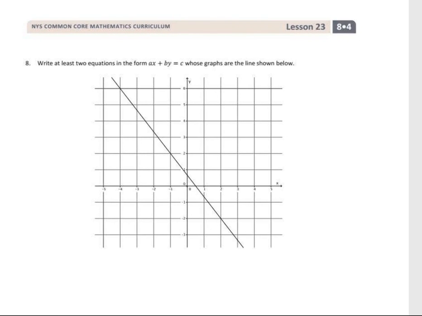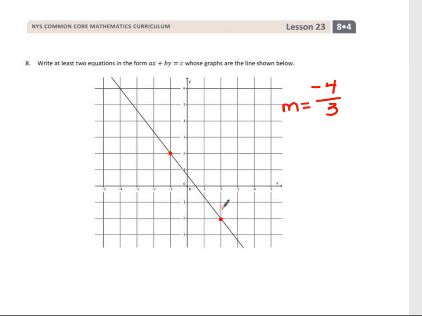And number 8. Number 8 is going to be the same thing. We're going to have to find our y-intercept. So let's find our slope first. Here's a point, and here's a point. Our slope is down 1, 2, 3, 4, and a run of 1, 2, 3. So our slope is a negative 4/3, which, yes, if you look at it, it is negative.